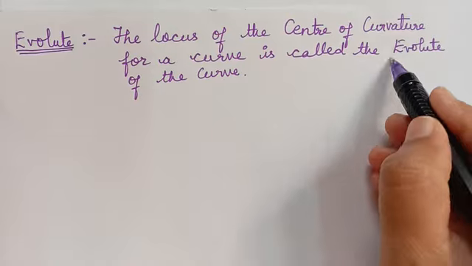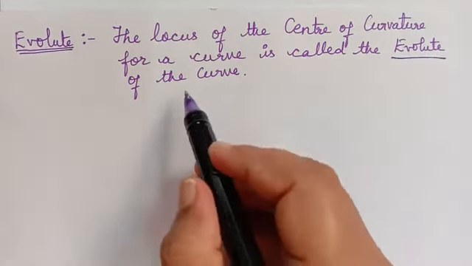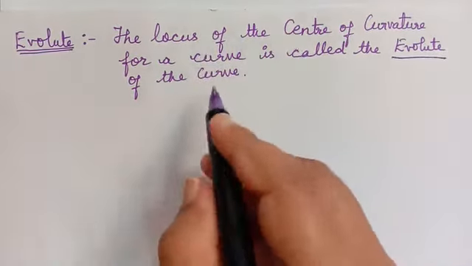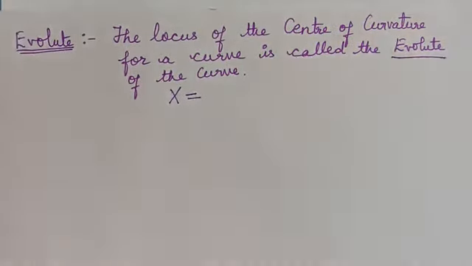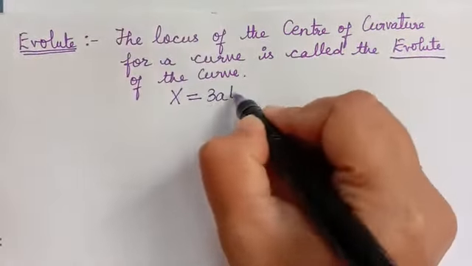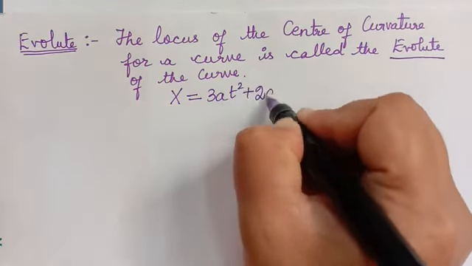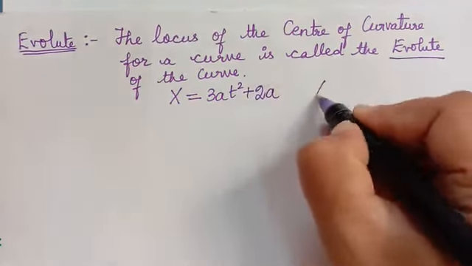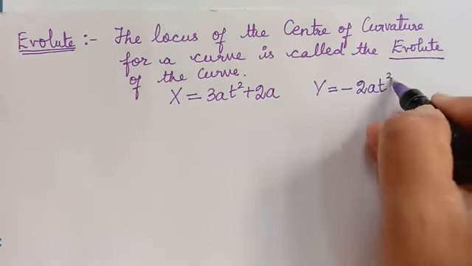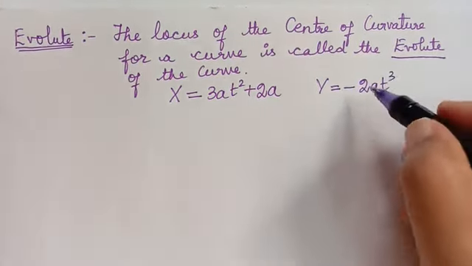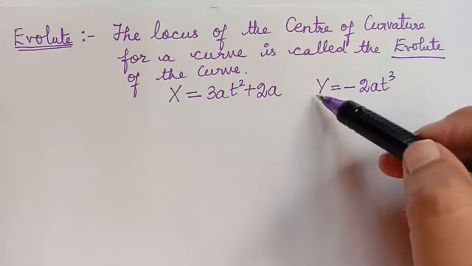So to find the evolute, first we should write the coordinates of the center of curvature. Just now we have found the x coordinate is 3at squared plus 2a, and the y coordinate is negative 2at cube.